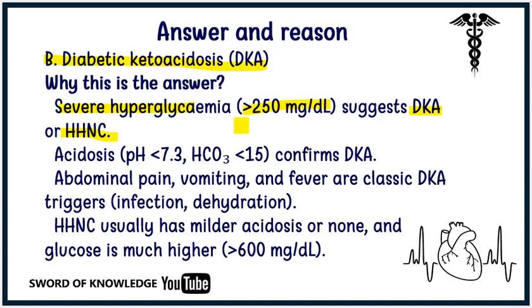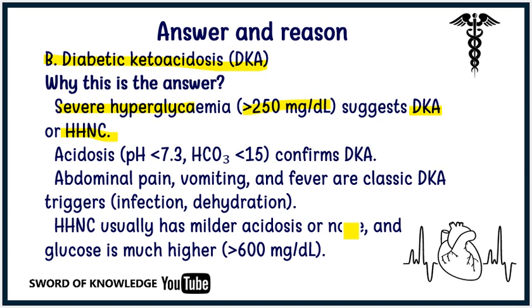What is HHNC? This was our D option, that is hyperglycemic hyperosmolar non-ketotic coma. And the second thing, we have to differentiate between them. What will be our criteria to differentiate between DKA and HHNC? So I will tell you this.